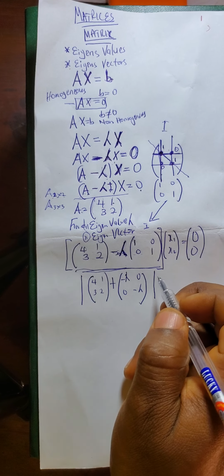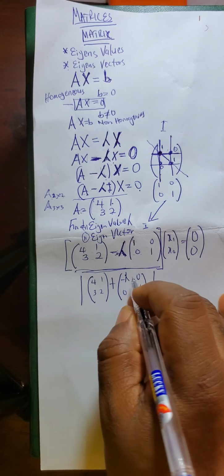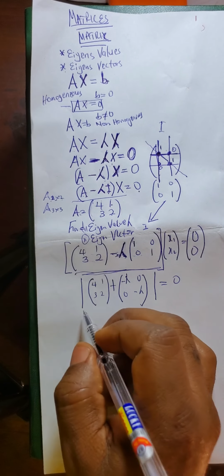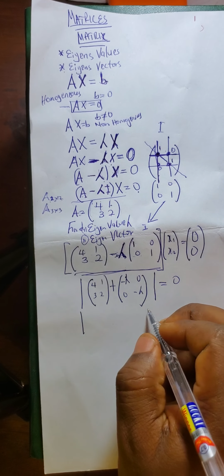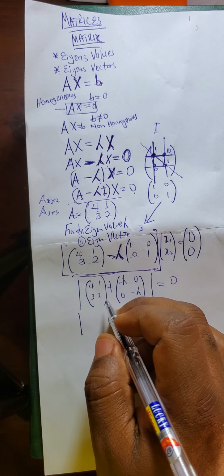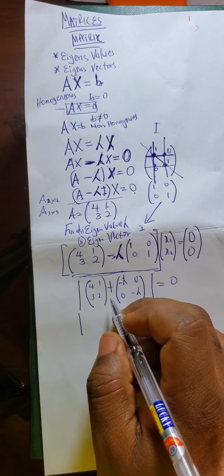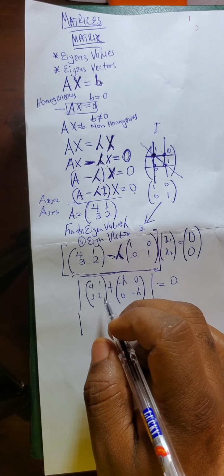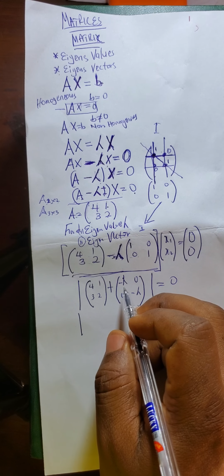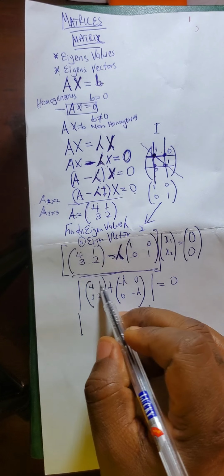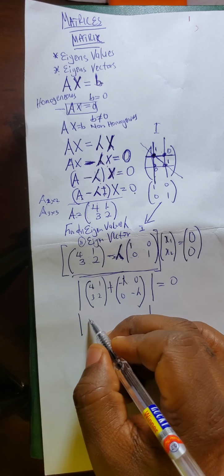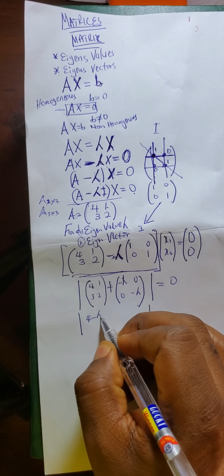Then we equate the determinant to 0. So we still put the determinant sign here as it is. Then what we have now is that we are going to add these quantities together. So when we add them together, 4 plus minus lambda will give us 4 minus lambda.